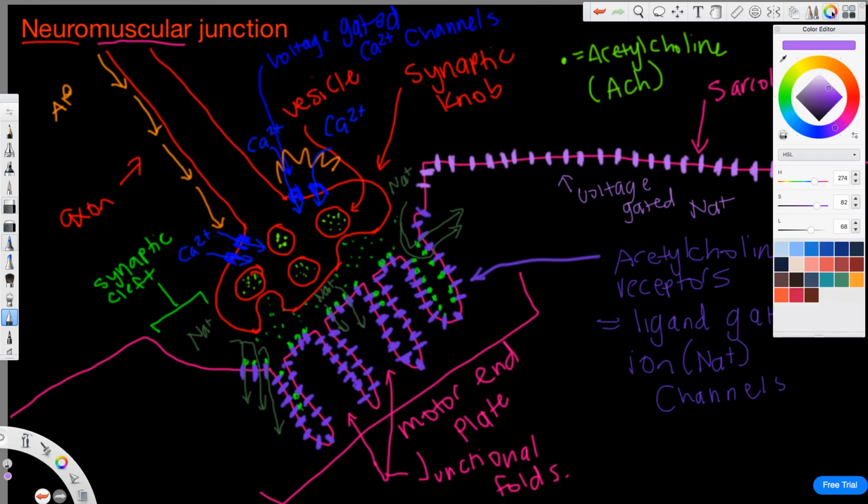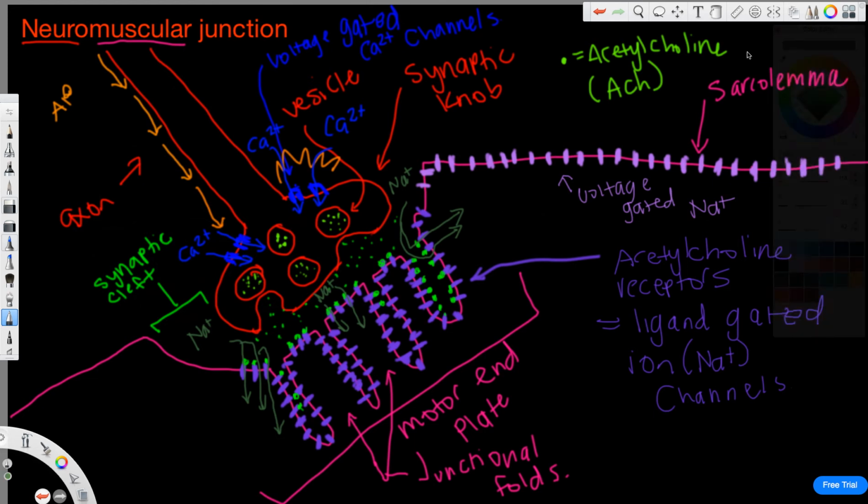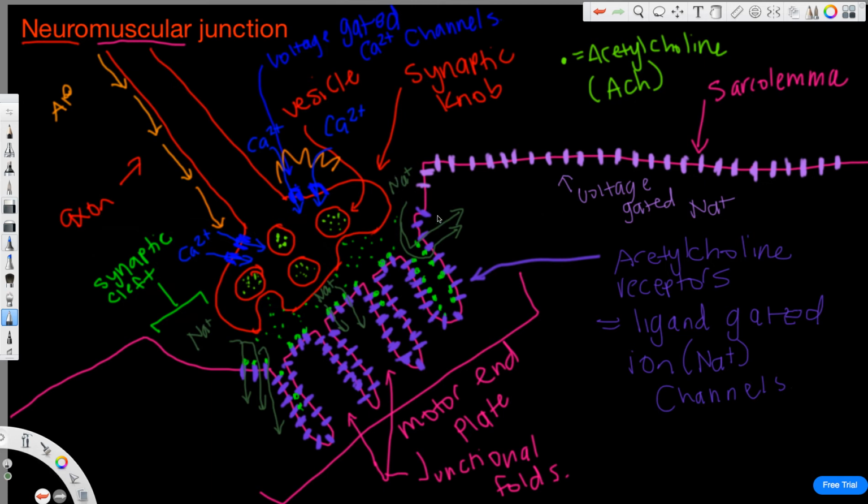So let's watch this process in action. So sodium, represented here by the arrows, is going to diffuse over to an area where there's less sodium. That depolarizes the membrane enough that these voltage-gated sodium channels open, and more sodium comes in.